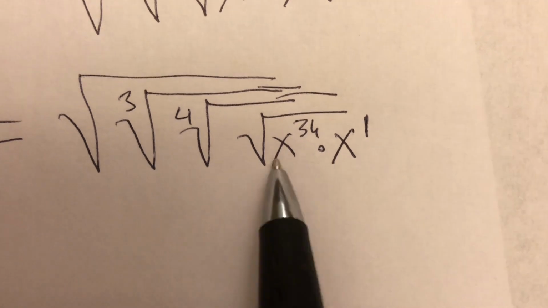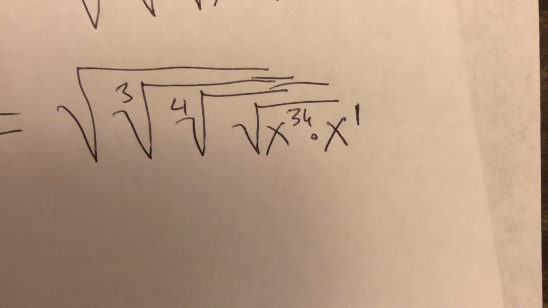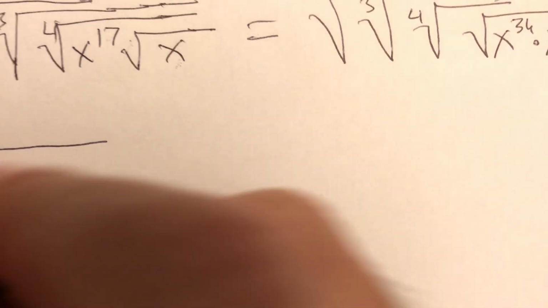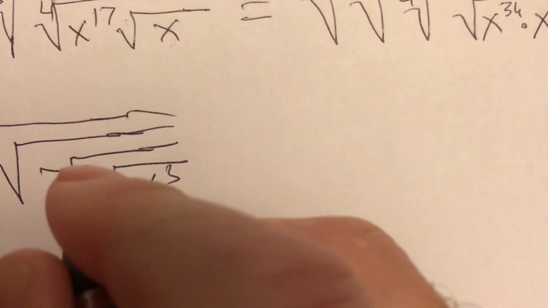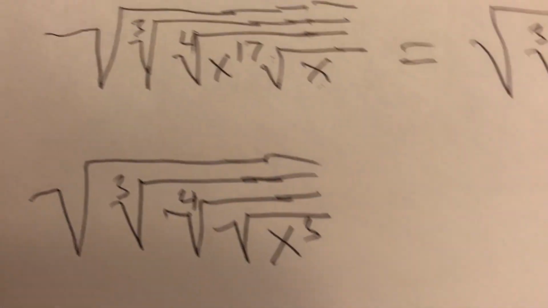So I'm going to multiply those two variables, and in the end it is going to be x to the 35, right? The square root of x to the 35. Here is a 4, 3 and square.